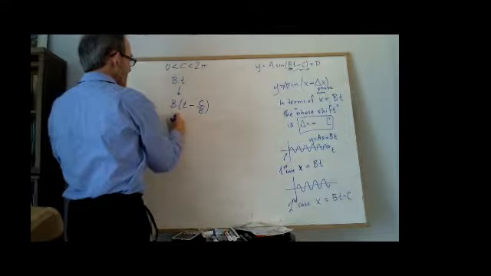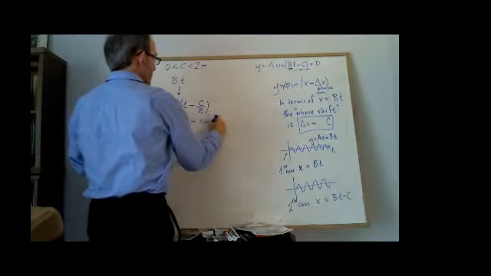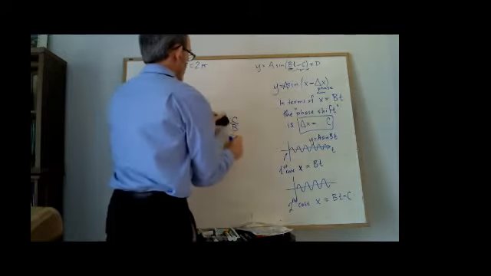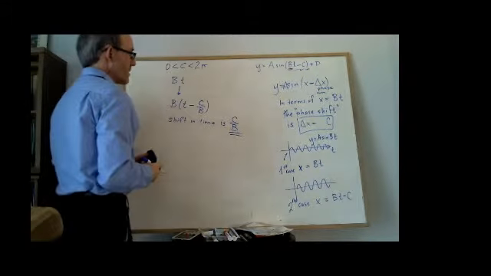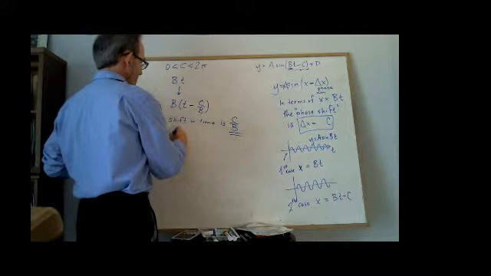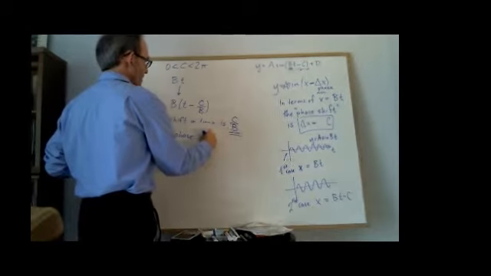So the shift in time is c over b. All right. And so that can also be called, I guess in the book that's also loosely called the phase shift.